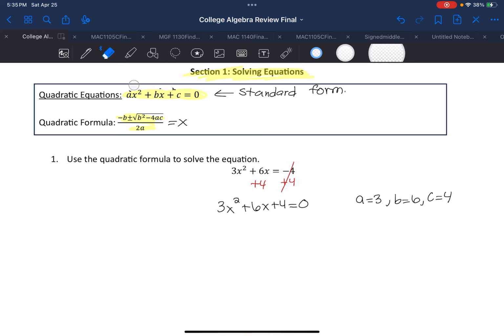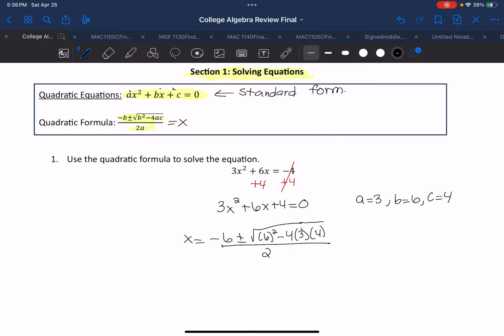And then I can just plug into the quadratic formula. So x would be equal to negative b, so negative 6, plus or minus the square root of b squared, which would be 6 squared, minus 4 times a, which is 3, times c, which is 4, all over 2 times a.